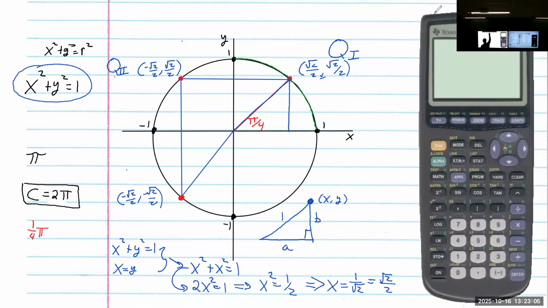And there's another one. It's right here, or you can think it's right there. There's another spot which matches up with these. This is at positive root 2, negative root 2 over 2. This is in quadrant 4.